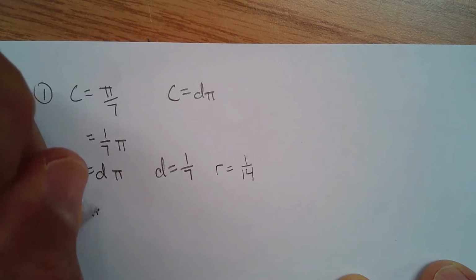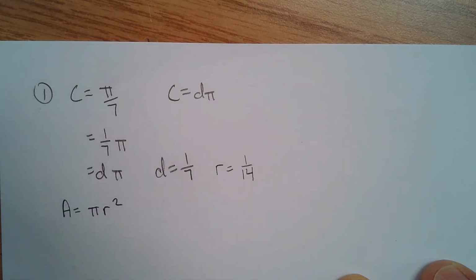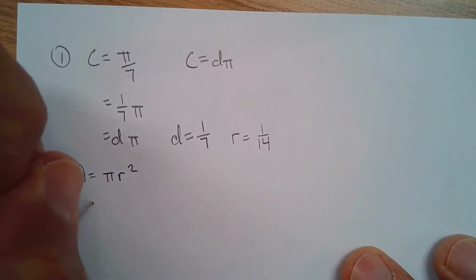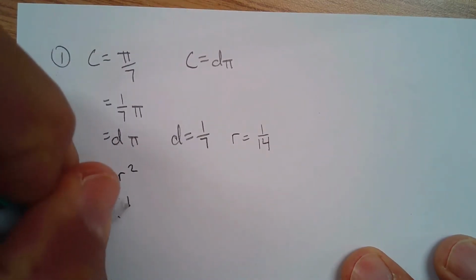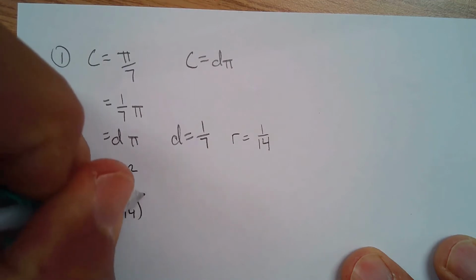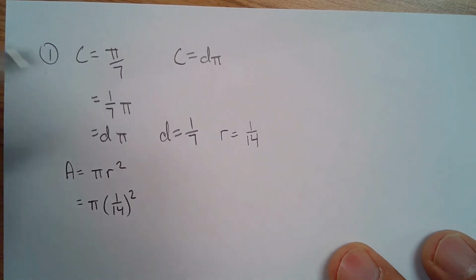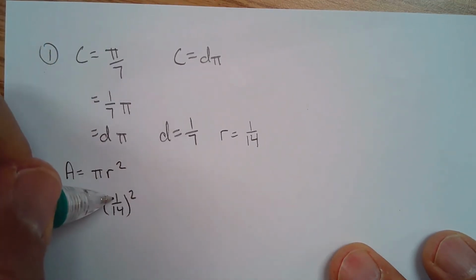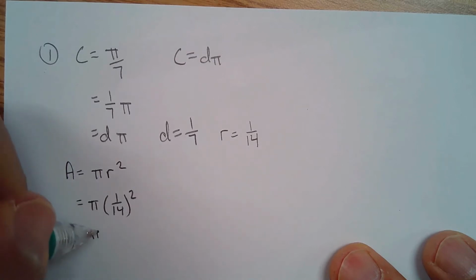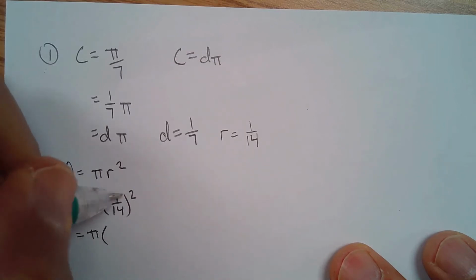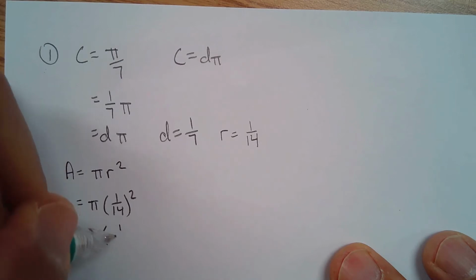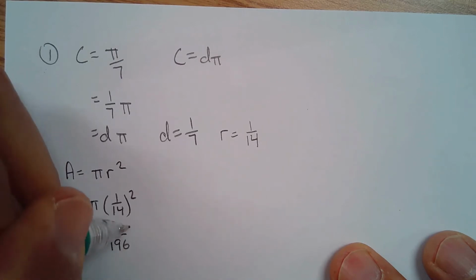Okay. Now what we get is the area. Area is pi times the radius squared. And the radius I said was 1/14. So we would get pi times 1/14 squared. 1/14 squared is 1 times 1 is 1, and 14 times 14 is 196.